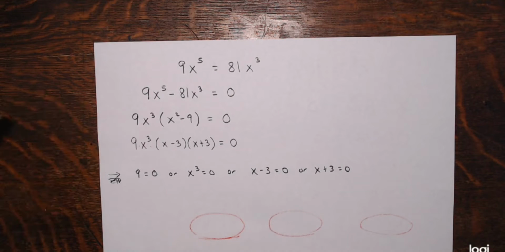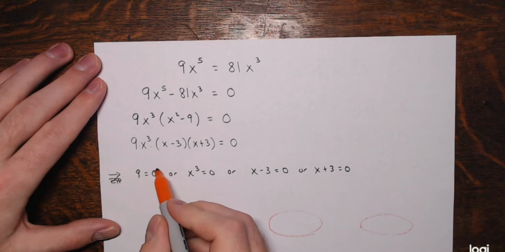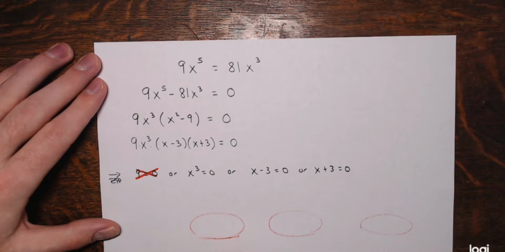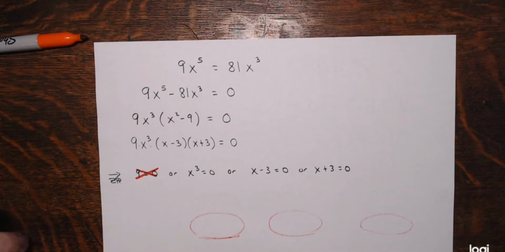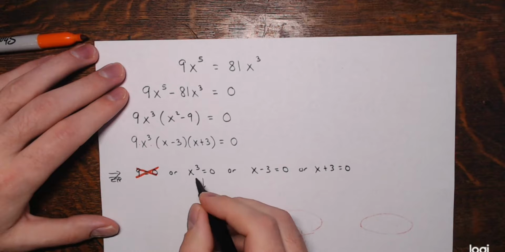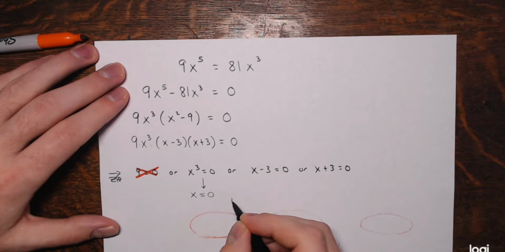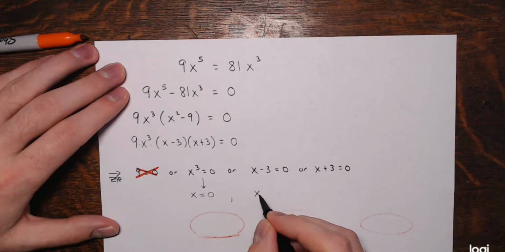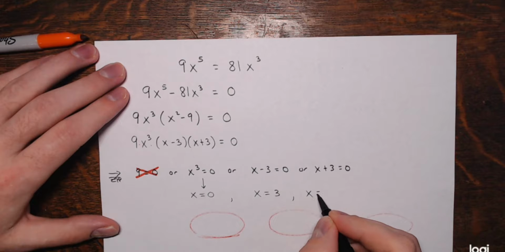Now 9 equals 0 doesn't have any solutions, so you're not getting any information from that one. But it's the other three with the variables, right? The only ones that are going to be important are the variable factors. X cubed equals 0, the only solution to that would be 0. X minus 3 equals 0, solution is x equals 3. X plus 3 equals 0, x equals negative 3, right?